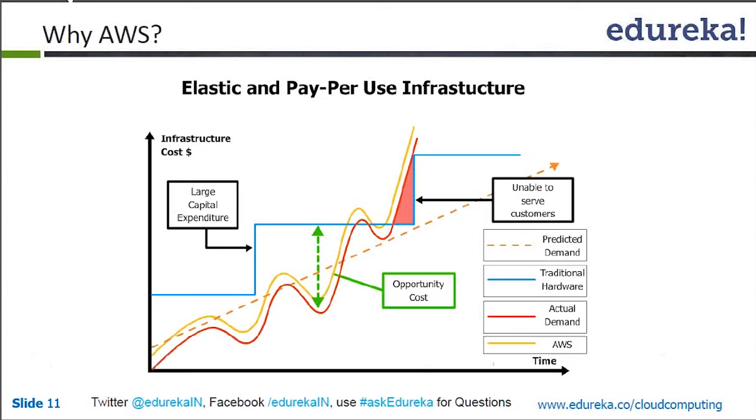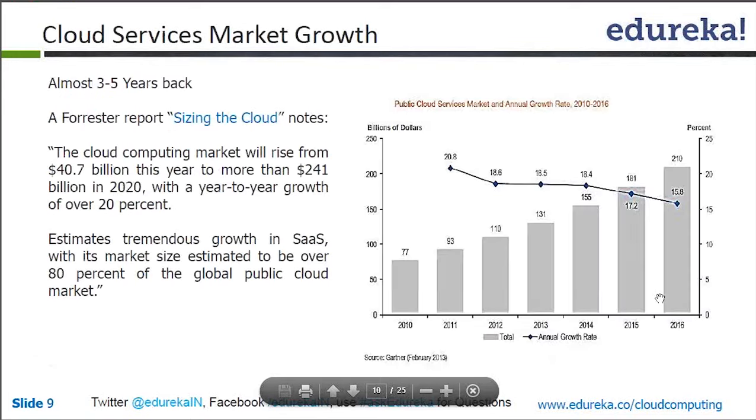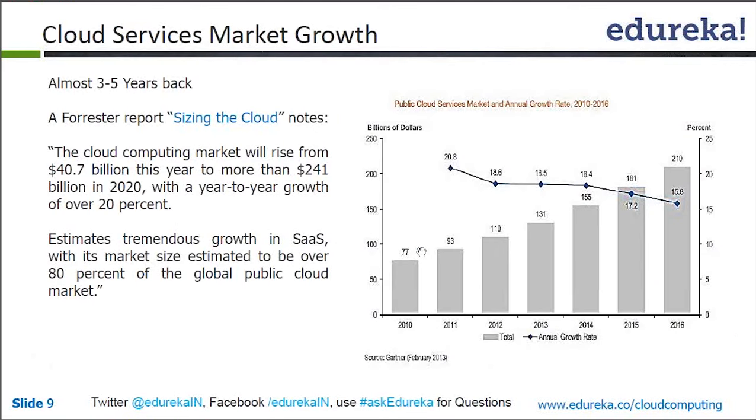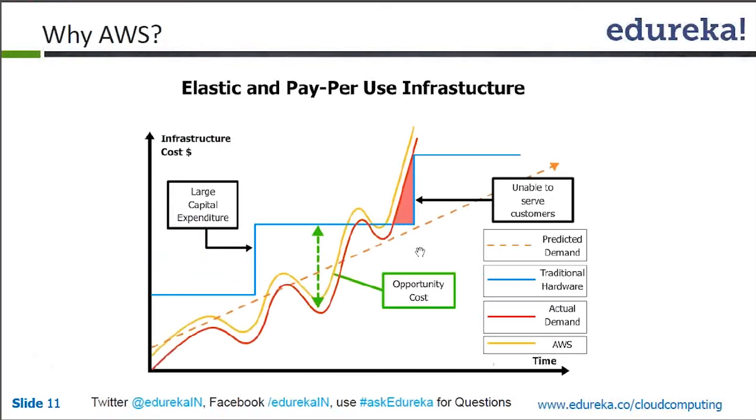That's why, even here, it's mentioned as a single tenant. Public cloud is multi-tenant. I'll be using AWS and you will be using AWS, right? So that's the public cloud. And private cloud is for a single tenant. All right, thanks, Senthil.